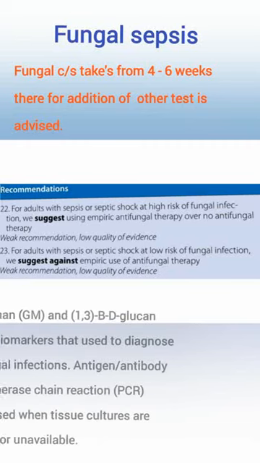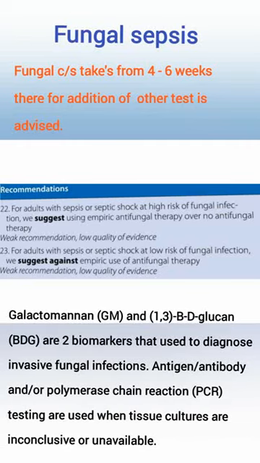These tests include serum galactomannan or 1,3-beta-D-glucan, which are 2 biomarkers used to diagnose invasive fungal infection. Also, antigen antibodies for fungal infection or PCR testing are used when tissue cultures are inconclusive or unavailable at the time of presentation.